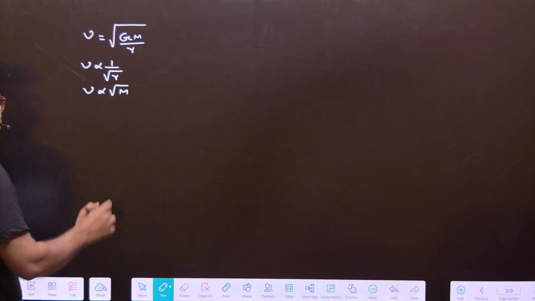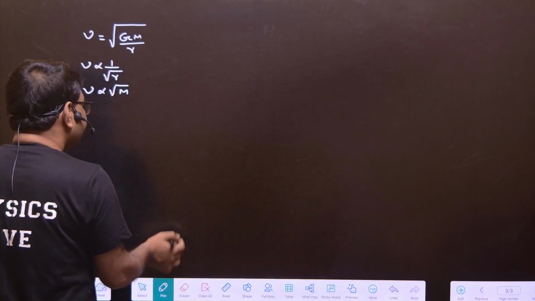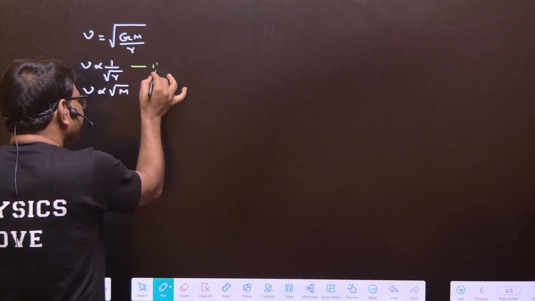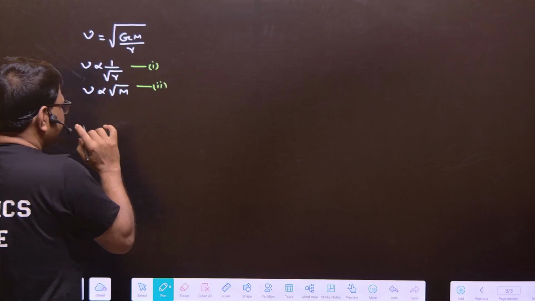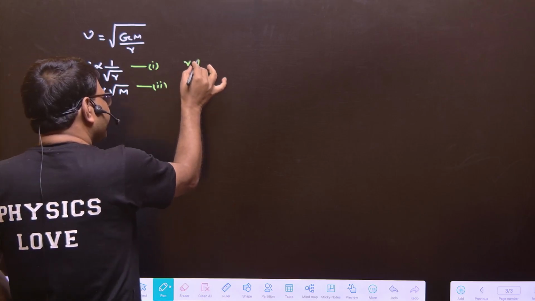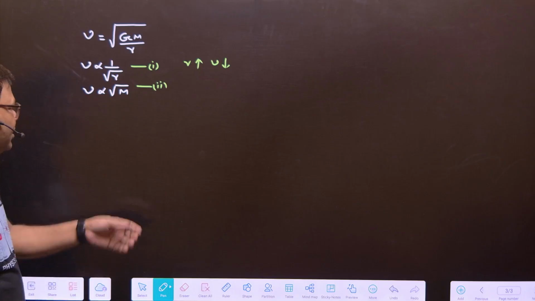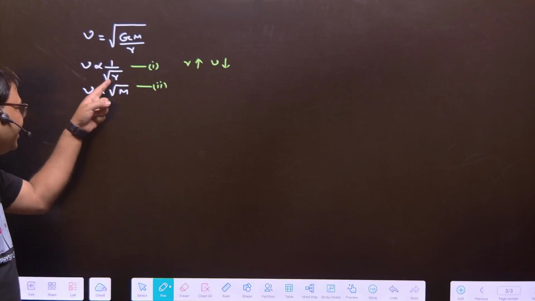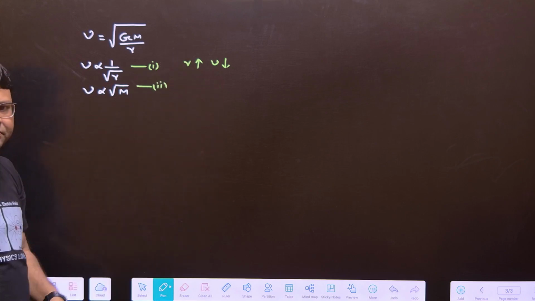Assume this is point number 1 and this is point number 2. From point number 1, if R increases, V decreases. Inversely proportional, no? R increases, so V decreases.